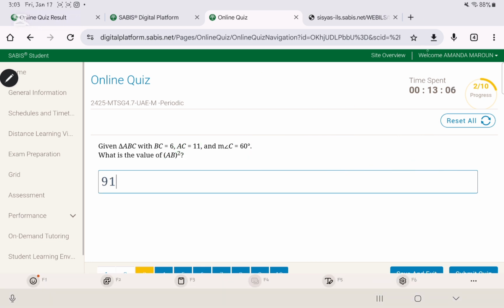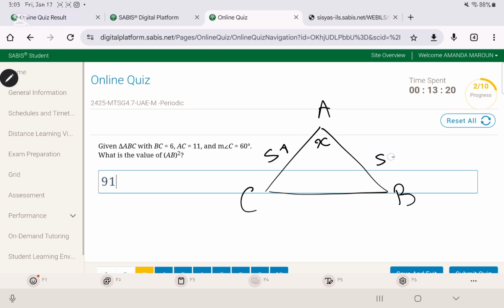So let me just write the cosine rule as something in general. We're going to say we have a triangle ABC. We are given angle x, and we have side 1, side 2. They need us to find the value of CB squared.